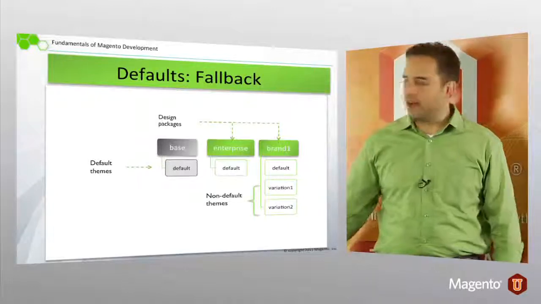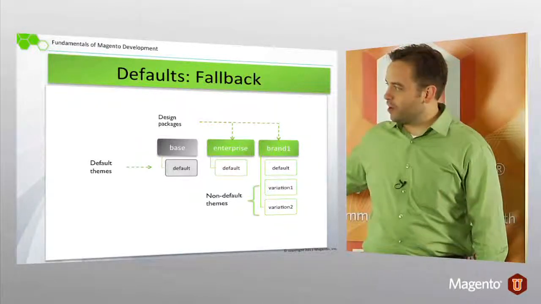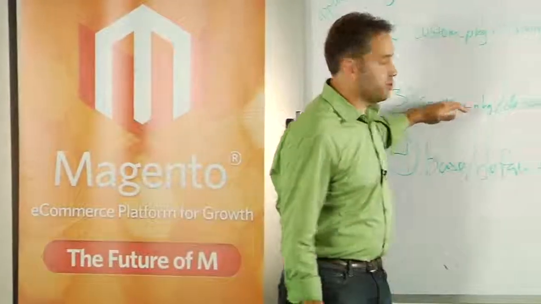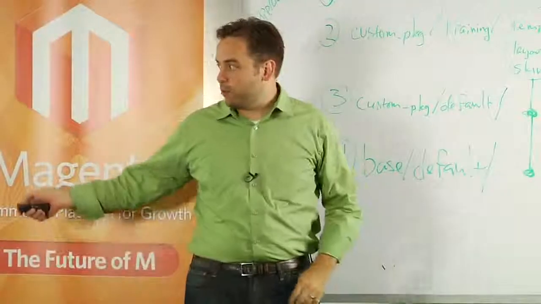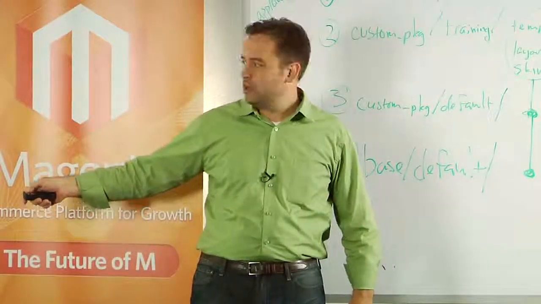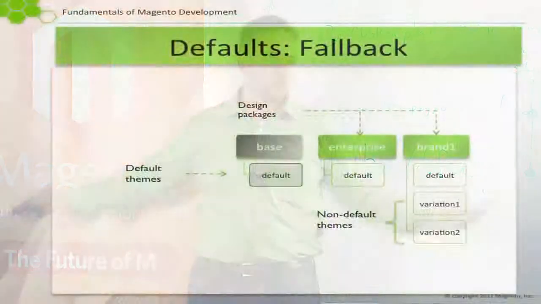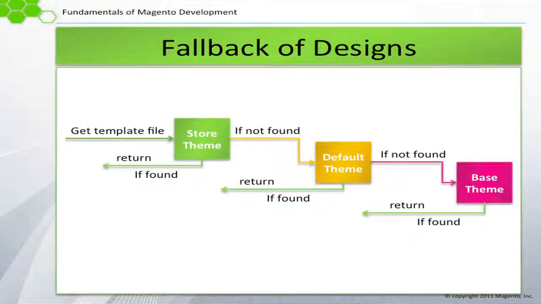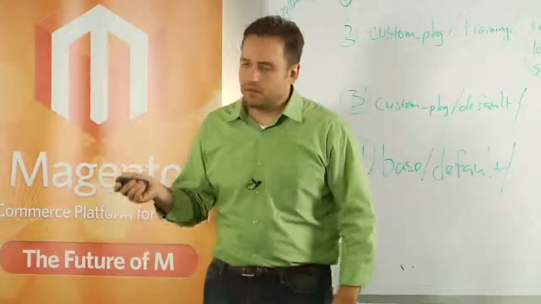So in this case, we might specify a default based on the enterprise default, and then here we're only going to drill up to this level, because for one store or website, I might set variation 1, which will just have a few changes that override this, and for store 2 or website 2, I might have a few changes that override this. Okay? So the store theme here, of course, again, we have these 2 layers where we're going to look.